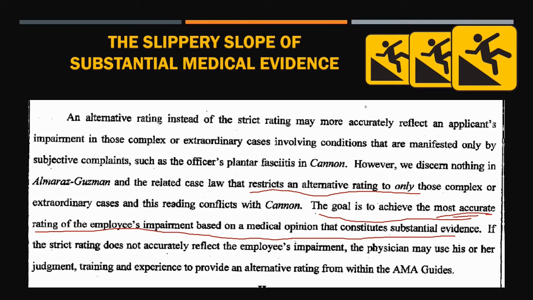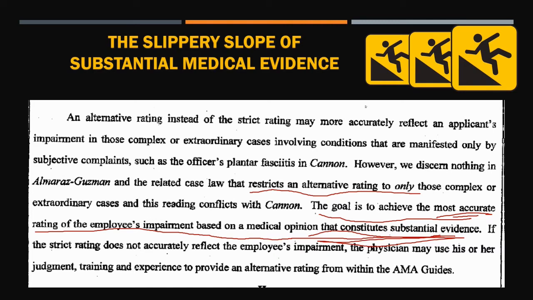No one has any problem with you perusing the four corners of the AMA guides to come up with an impairment rating that is the most accurate rating. The only qualification is that your opinion must constitute substantial evidence. If you can provide an opinion that constitutes substantial evidence, the alternative rating will be upheld.